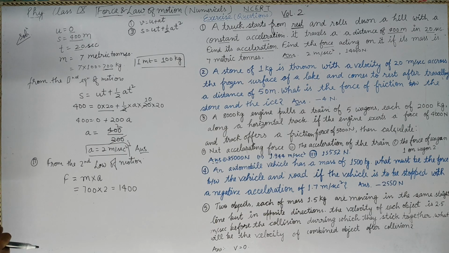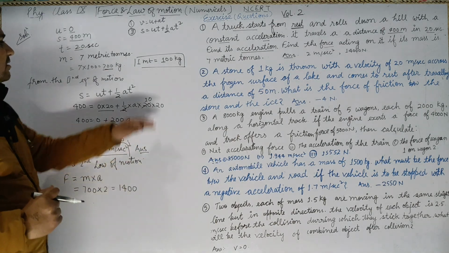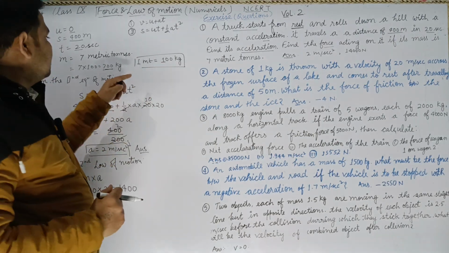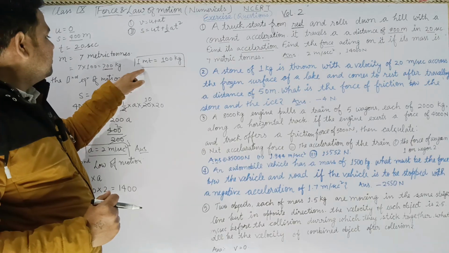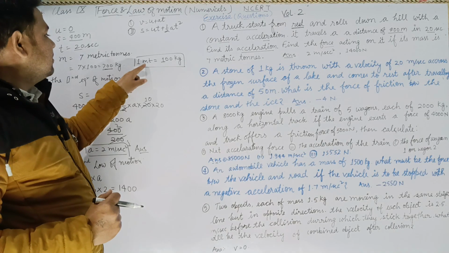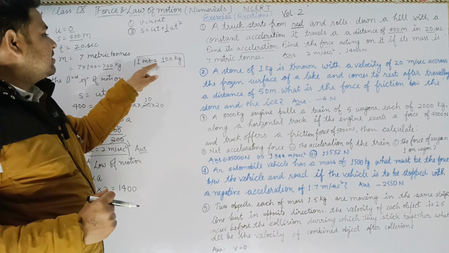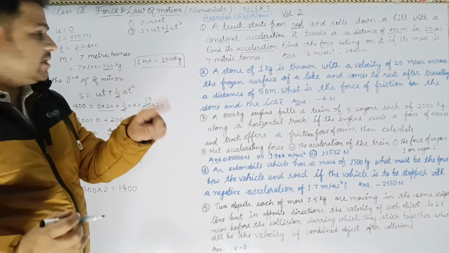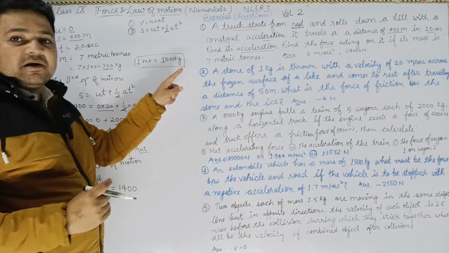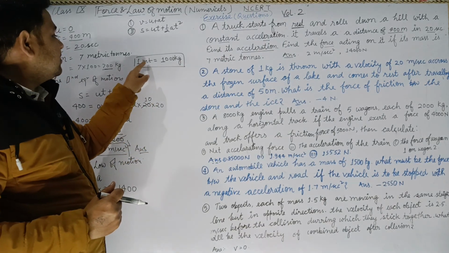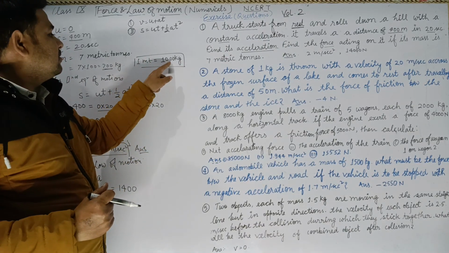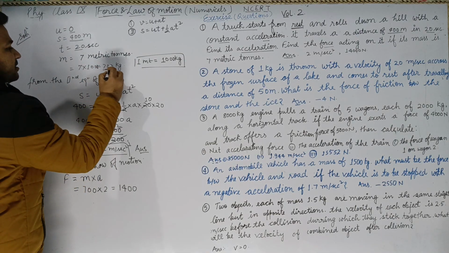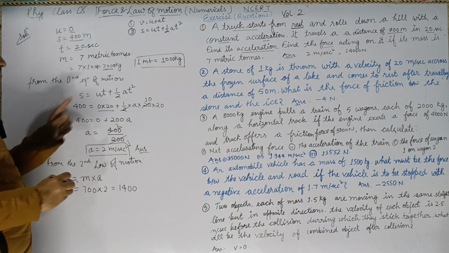Here it is a mistake, because 1 metric ton is equal to 1000 kilogram. We know that 1 quintal is equal to 100 kilogram, while 1 metric ton is equal to 1000 kilogram. So it will be 7000 kilogram.